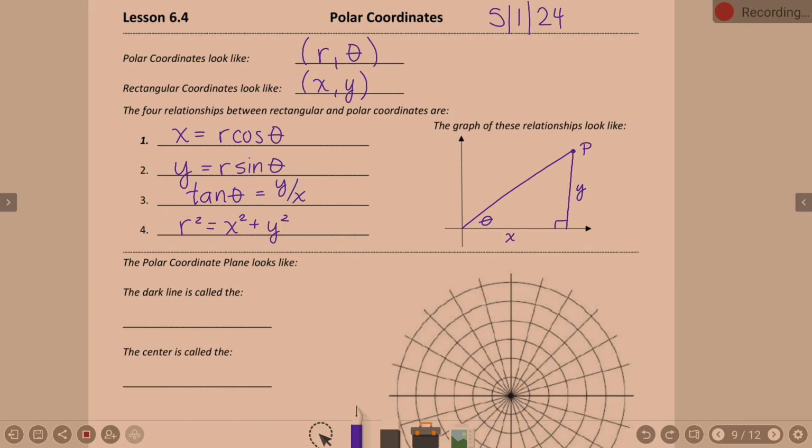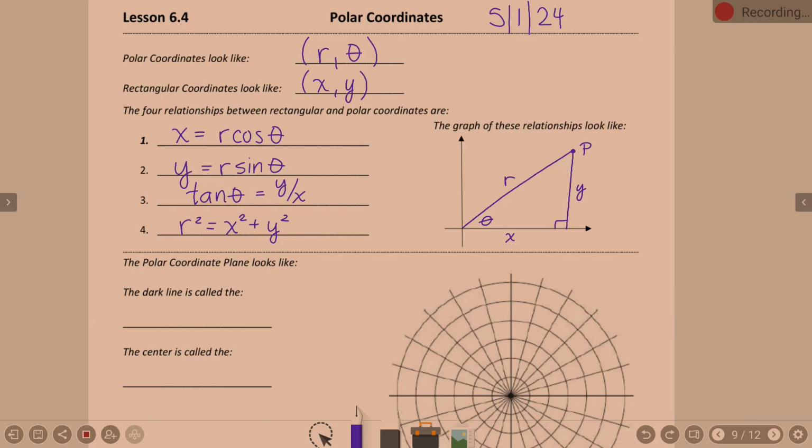And where's r? r is your radius, which is your hypotenuse. So thus you can see x squared plus y squared equals r squared. Tangent of theta is opposite over adjacent, so y over x.